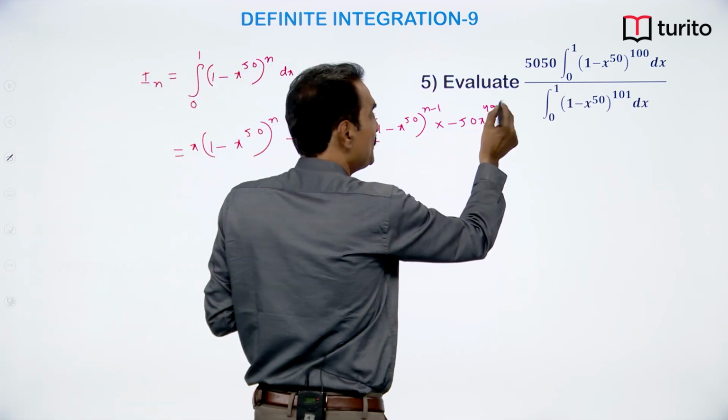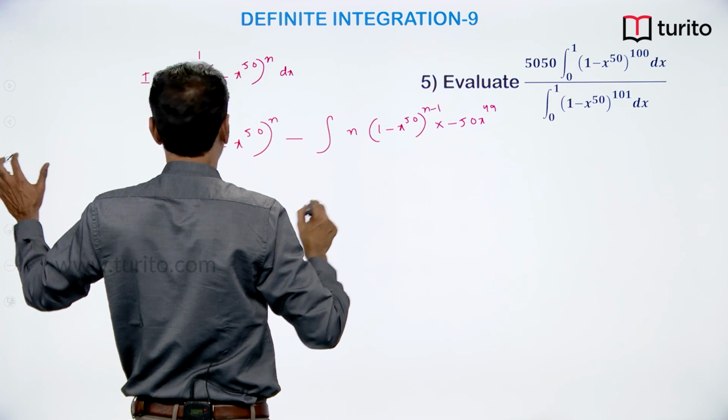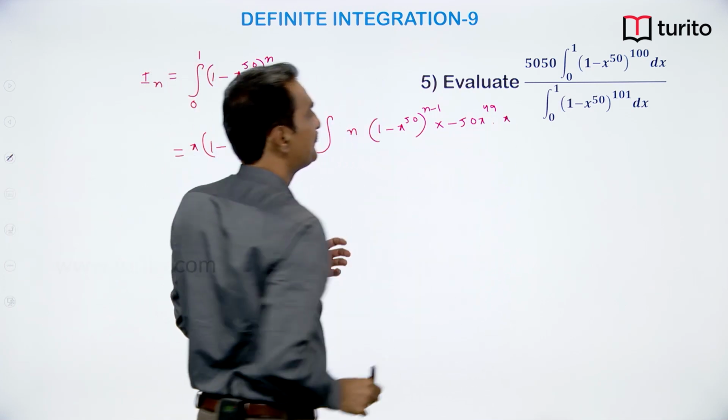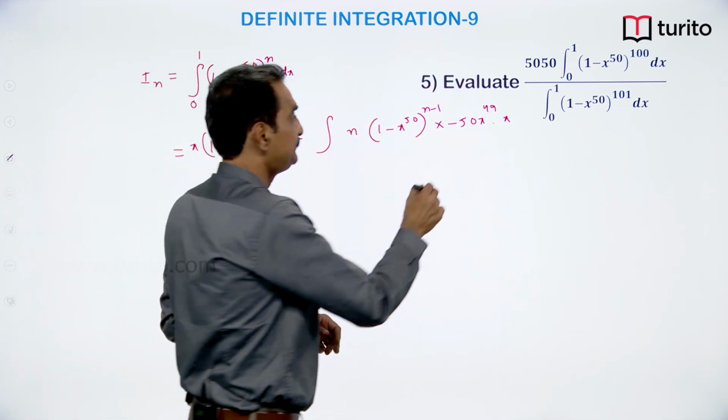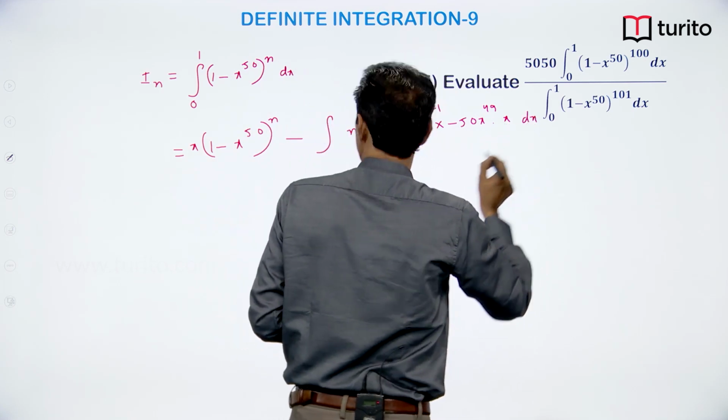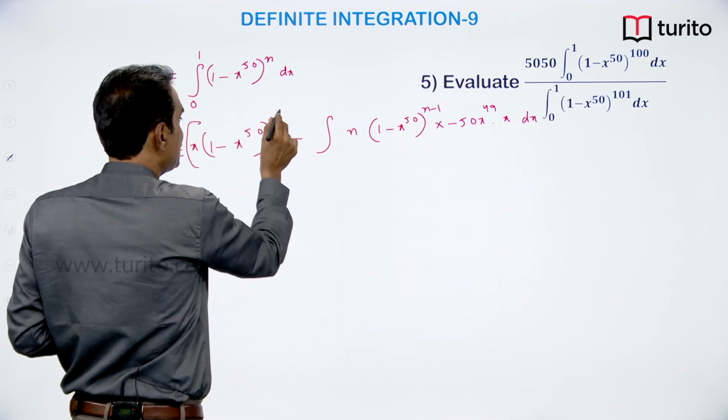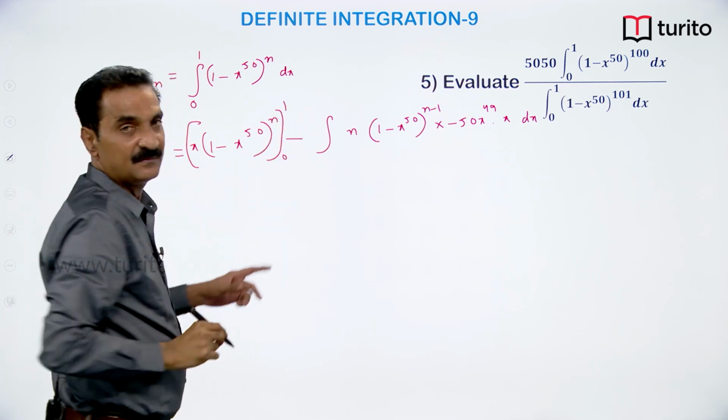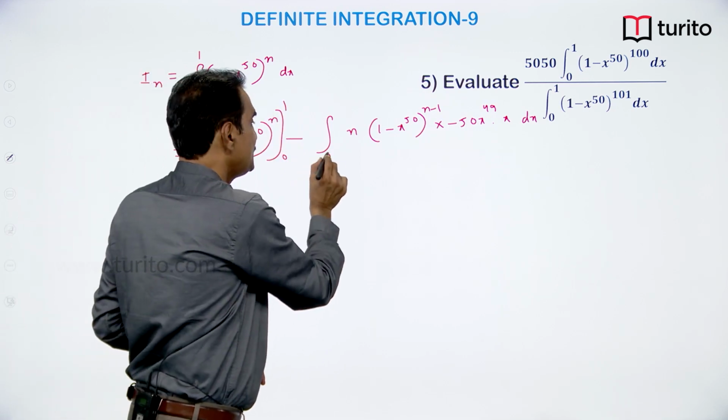So, this becomes x power 50. I will write into x dx and take limits 0 to 1 here and 0 to 1 here.